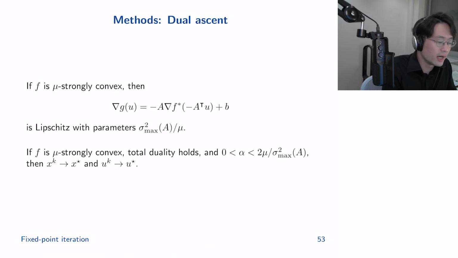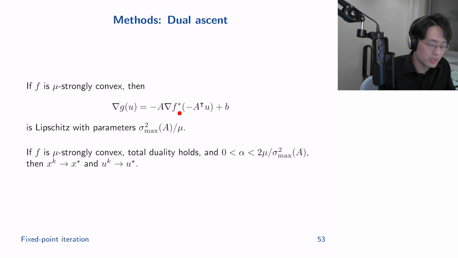If the primal function f is mu strongly convex, then this dual function is Lipschitz continuous with parameter sigma max squared over mu, because if f is mu strongly convex, then the gradient of f star is a 1 over mu Lipschitz continuous operator. A is Lipschitz continuous with parameter sigma max.